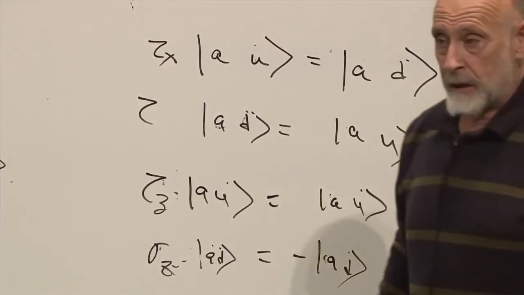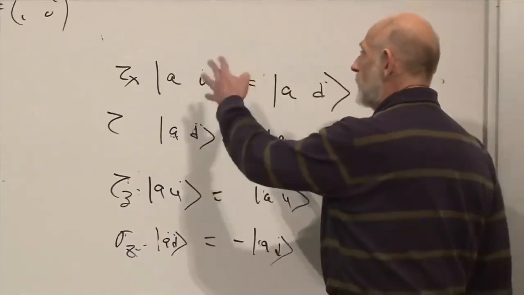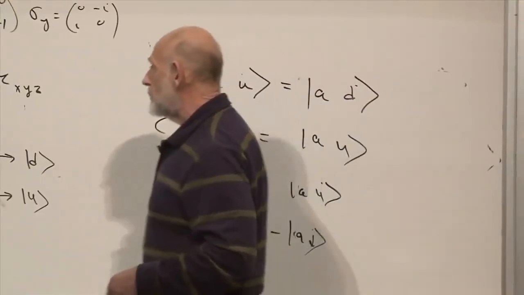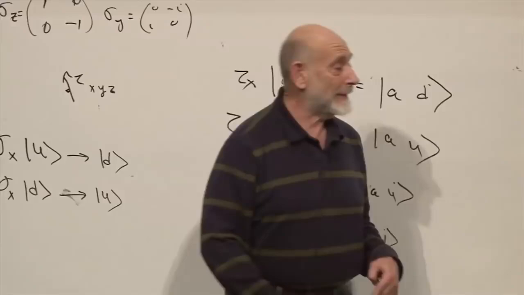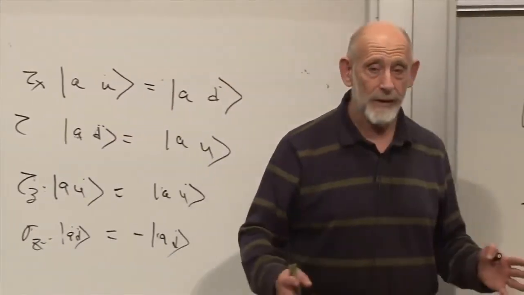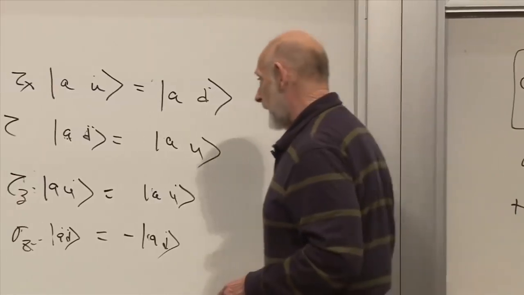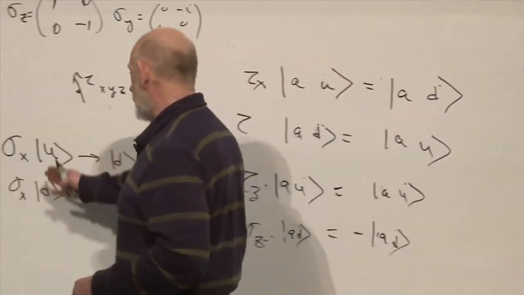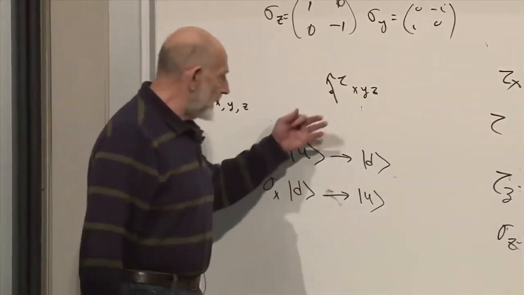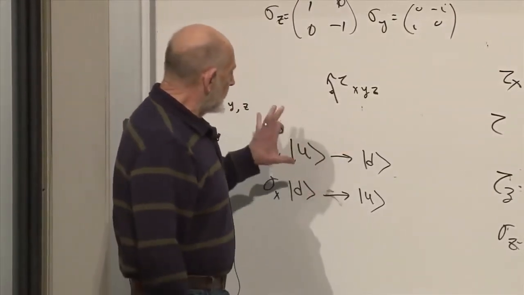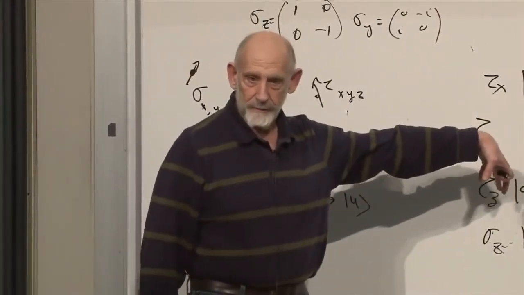Straightforward. With this definition, it's quite clear that if you're talking about an observable associated with sigma, the tau degrees of freedom are completely passive. Nothing happens to them. The eigenvectors of the components of sigma are simply product states of the eigenvectors of sigma times any vector for tau.